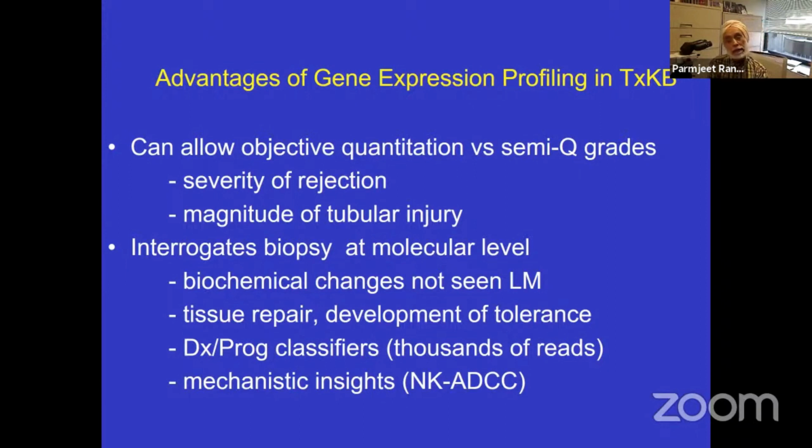It can profile the phenomena which go on with tissue repair, development of tolerance. You can assay thousands of genes, come up with diagnostic classifiers, prognostic classifiers. It can give you mechanistic insights, such as we now understand the role of NK cells in antibody-mediated rejection.